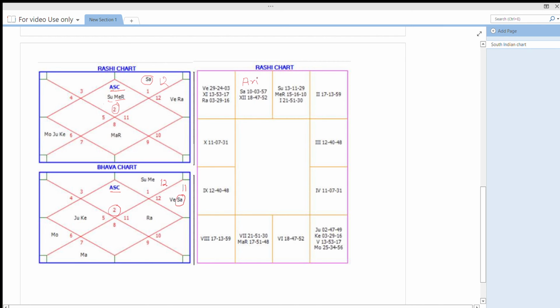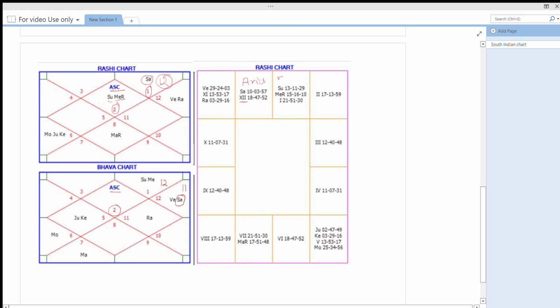So this is Aries. And here we have a number 12. So what this means, the Aries sign is in the 12th house. Okay, go to the North Indian chart. Here is our 12th house and it has an Aries sign here.